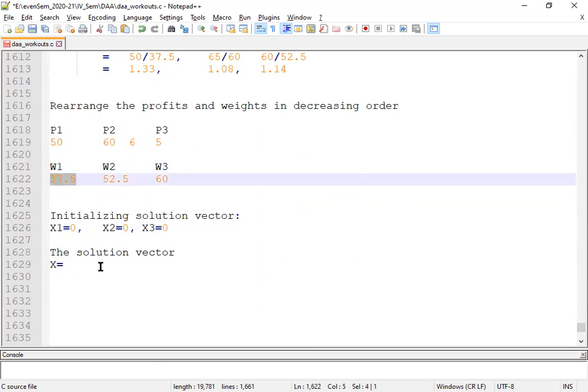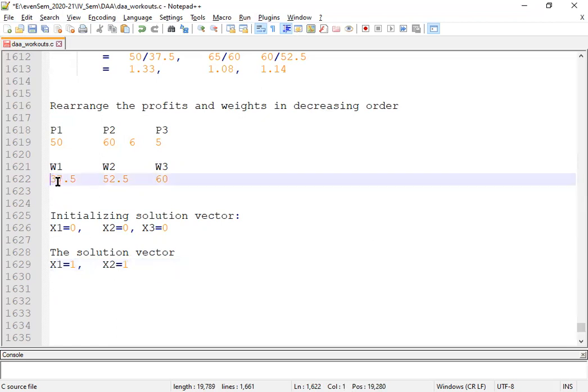So in a 100 capacity bag, I can easily fill all these 37.5 kgs. So X1, I'm going to consider to be a whole value, 1. All these 37.5 kgs, I'm going to put into my knapsack, right? Once I put this in, in whatever remaining capacity I have, I will definitely be able to put all these 52.5 also. So X2 will also be equal to 1.